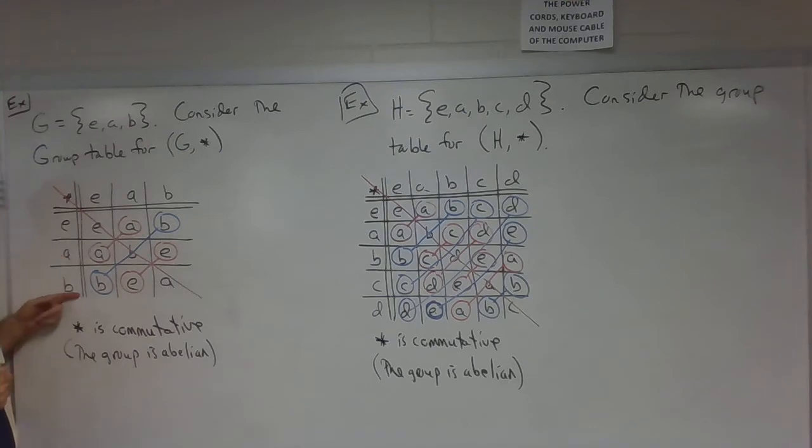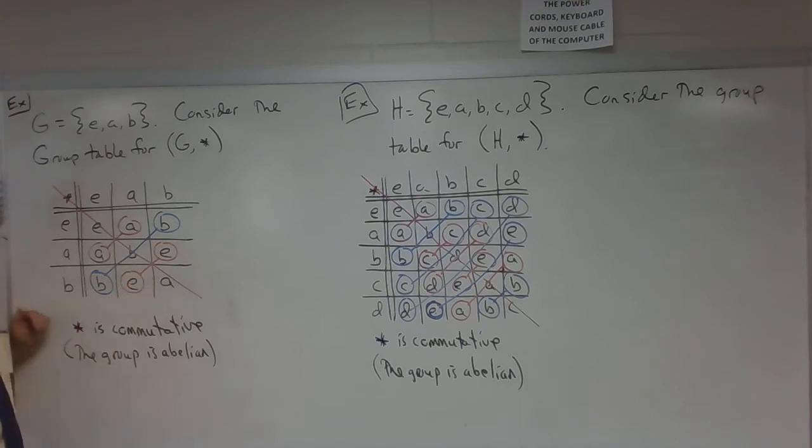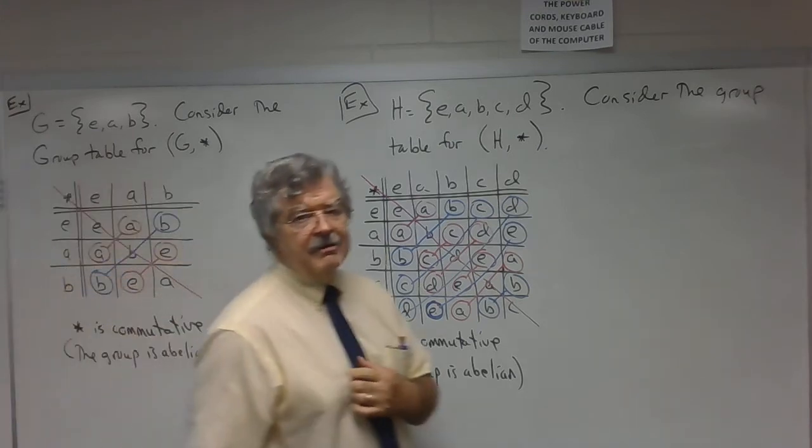Take the row headed by the element B. The entries are B, E, A. Every element appears exactly once. Let's look at the column headed by A. The elements that appear in this column are A, B, E. Every element appears exactly once.